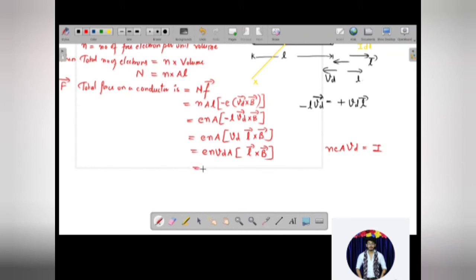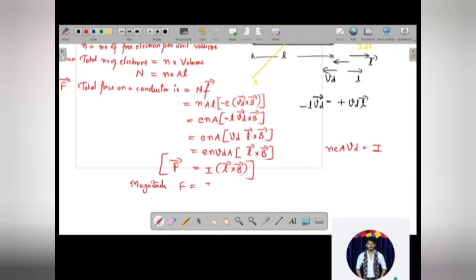So F will be equal to I times NEAVD, which becomes I, so I times L cross B. This expression is the force, the magnetic force on a current carrying conductor in a uniform magnetic field. This is the vector form of the expression. If you want to write the magnitude, just open up that cross product.